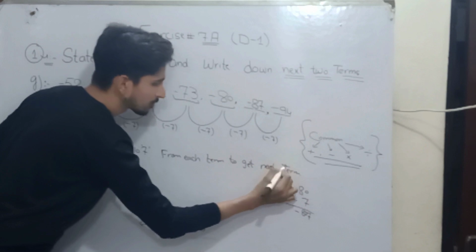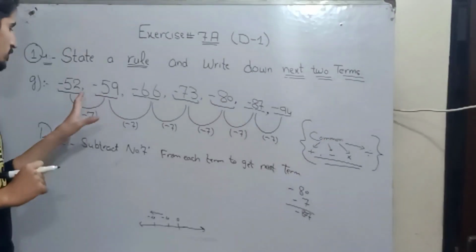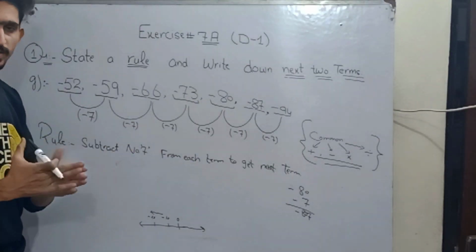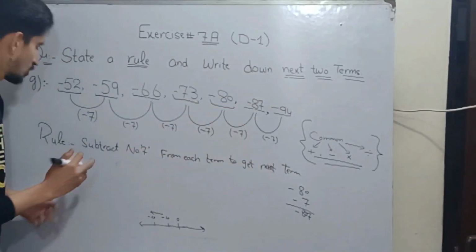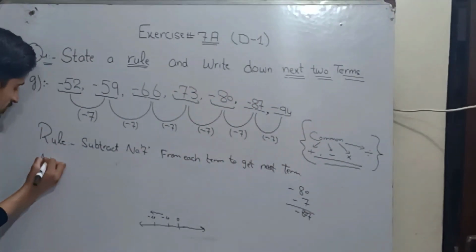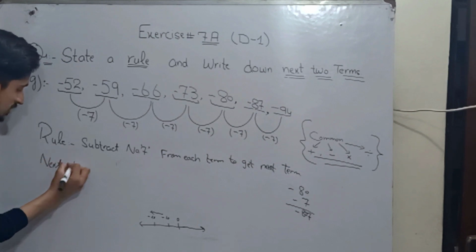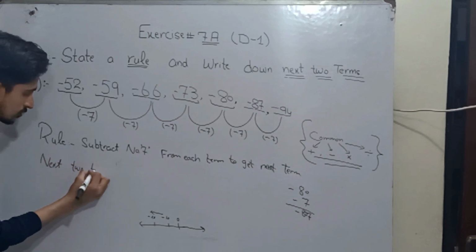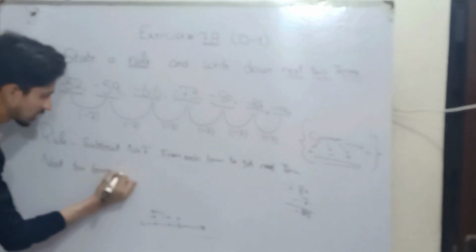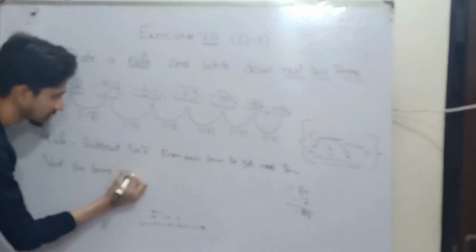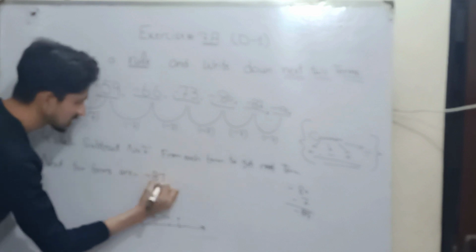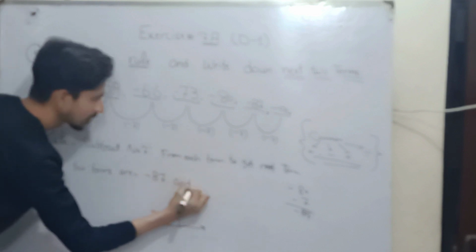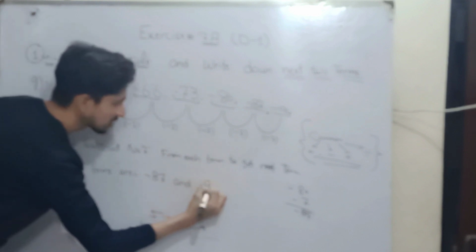That is, if we keep subtracting 7 from the last term, we get the next terms like these. So we just need to write that our next two terms are minus 87 and minus 94. These are our next two terms.